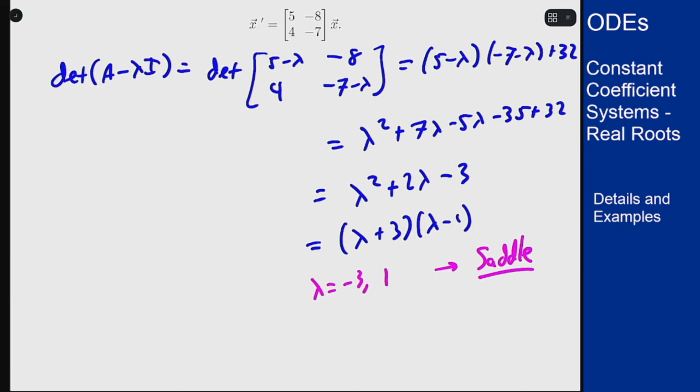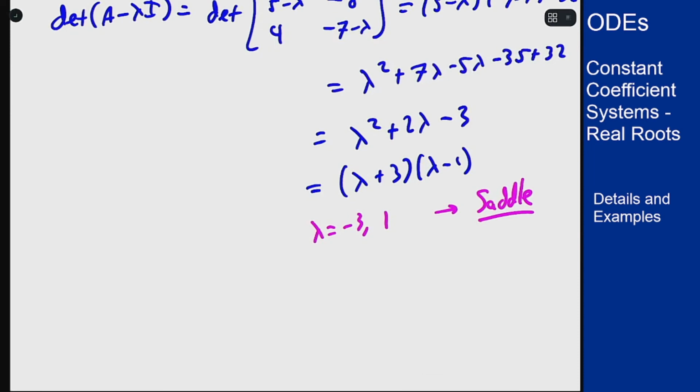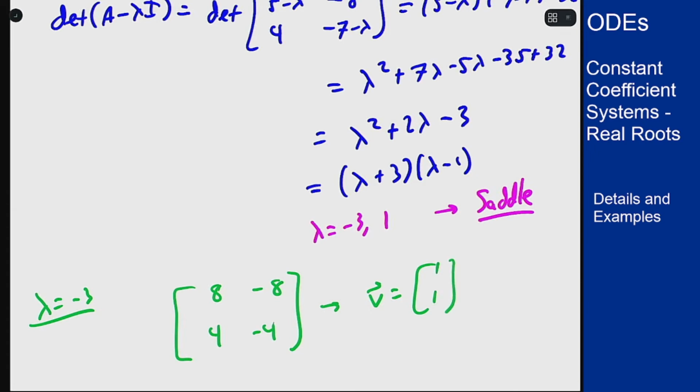All right, now let's hunt for those eigenvectors. For lambda equals minus 3, the matrix becomes 8, minus 8, 4, minus 4, because I'm adding 3 on the diagonal. This will have an eigenvector of 1, 1, because both rows reduce to 1, minus 1 when you row reduce.